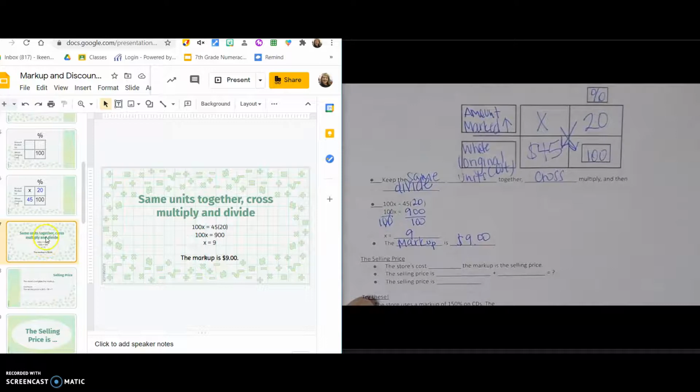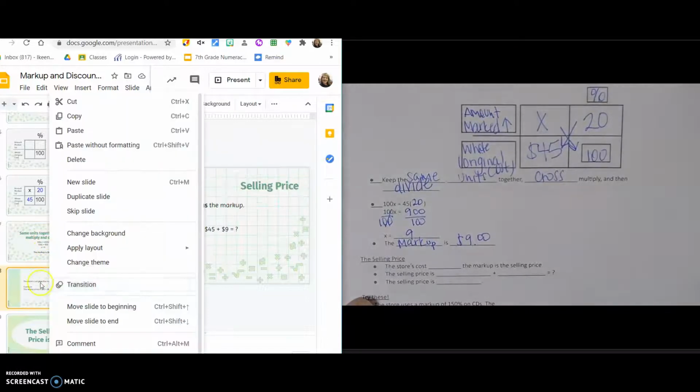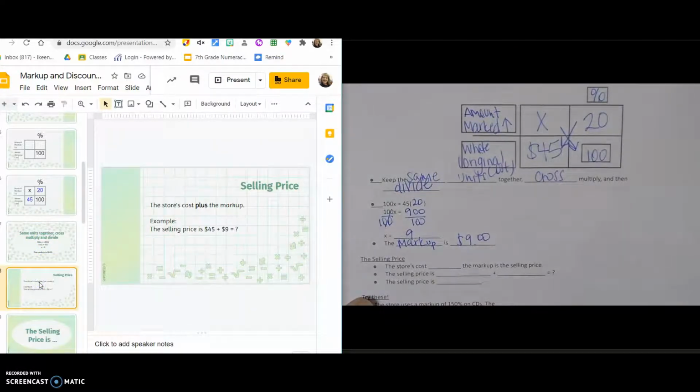Okay, so as we move forward, oops, sorry guys. The store's cost plus the markup is the sale price, the selling price. It's what they're going to sell it to you for. The store's paying $45. They're going to mark it up 20%, and then that is what you are going to be charged.